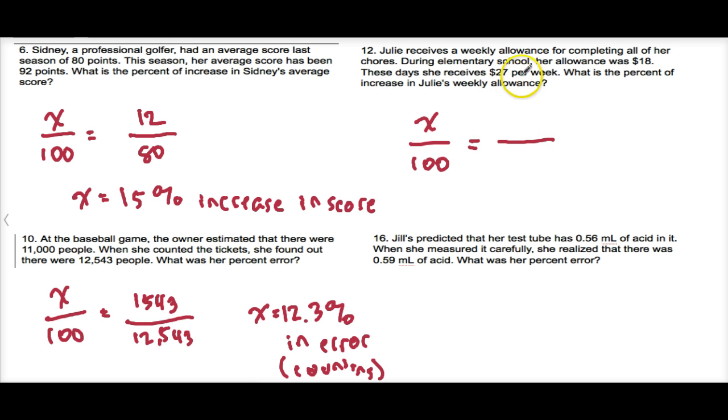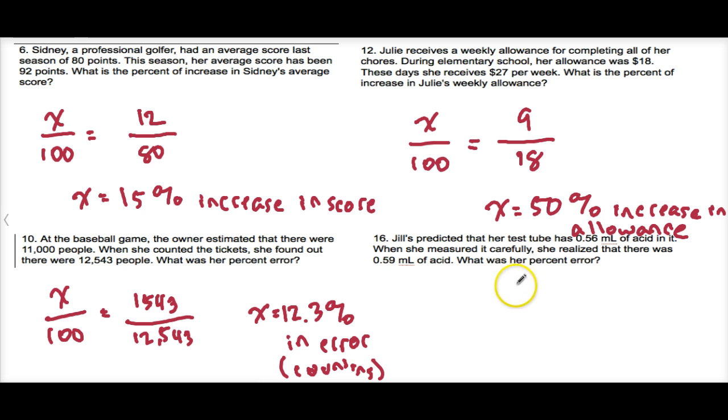So the difference between $27 and $18 is $9. And her original value was $18. So we cross multiply and we find out that it is a 50% increase in allowance.